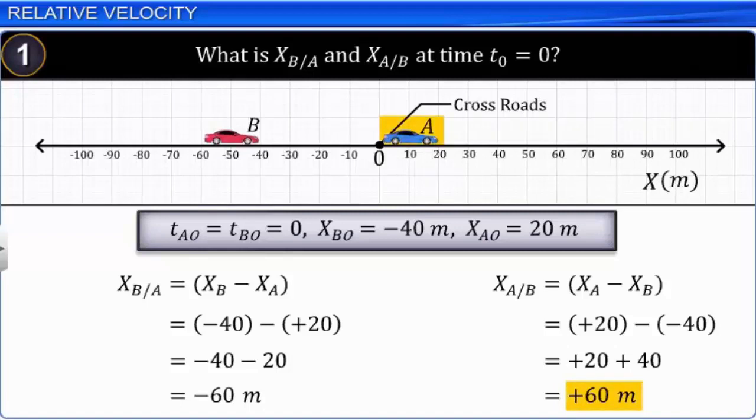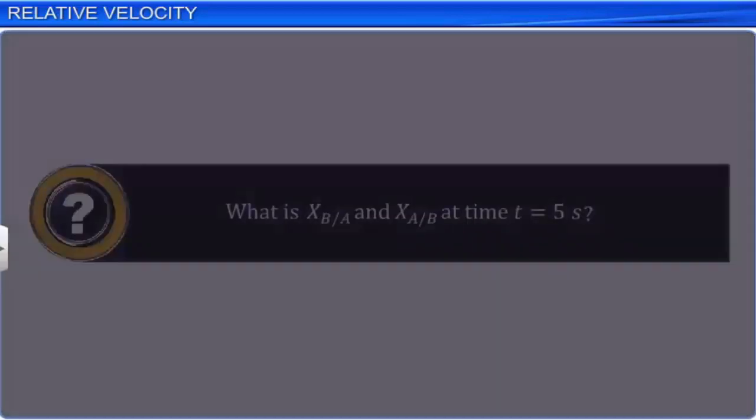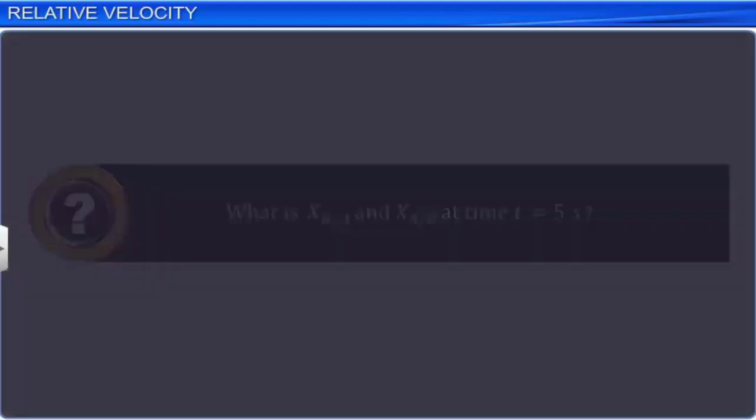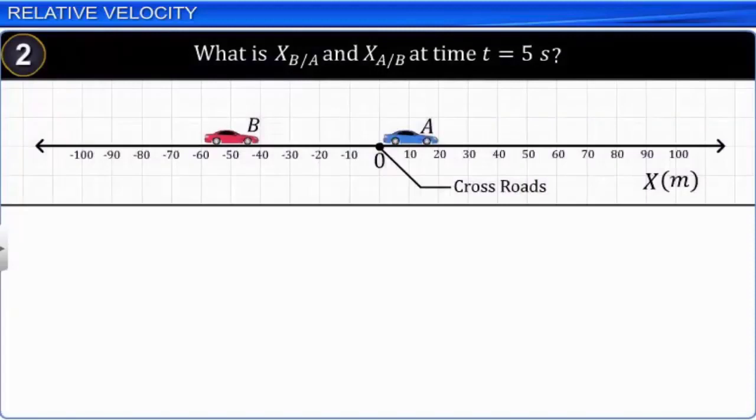2. What is xB/A and xA/B at time t equal to 5 seconds? Here, vA is equal to 10 meters per second. xA0 is equal to +20 meters. tA0 is 0 seconds and tA is equal to 5 seconds.